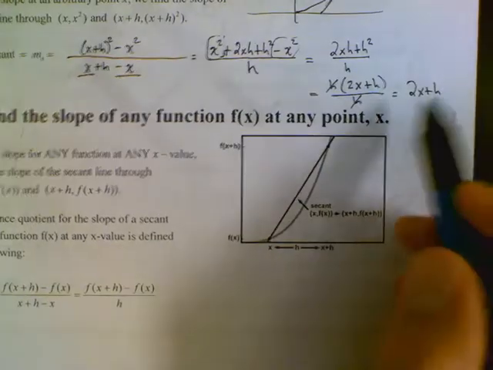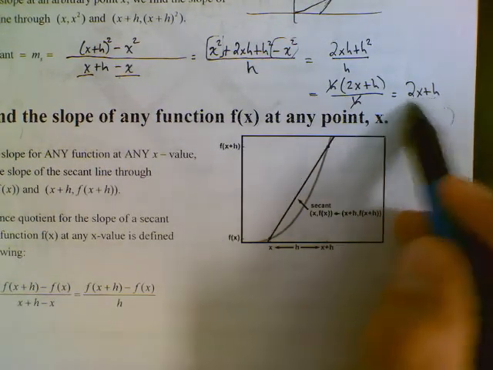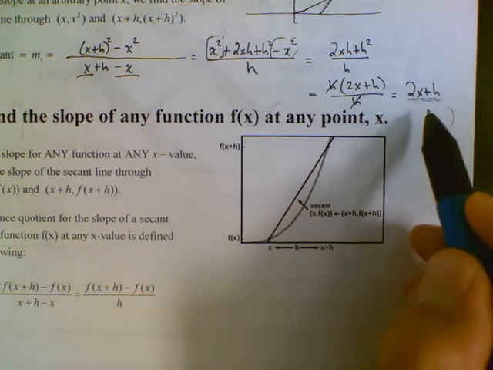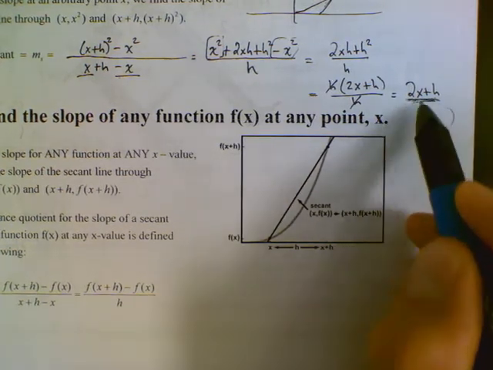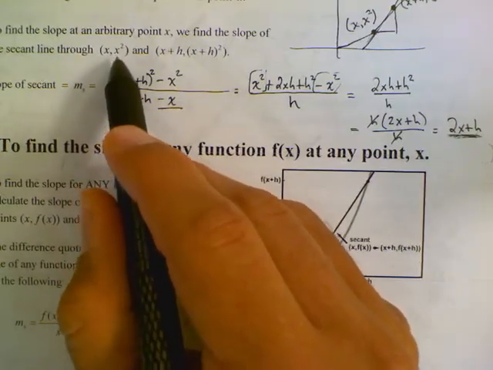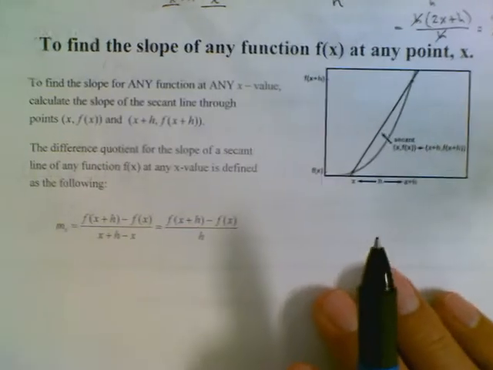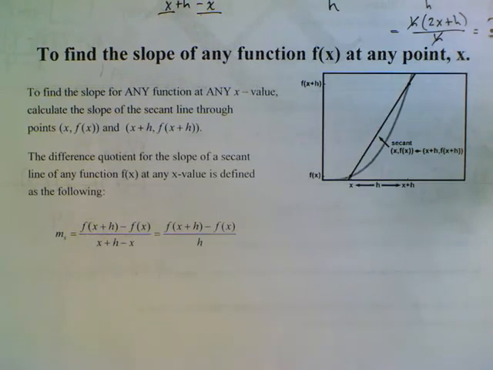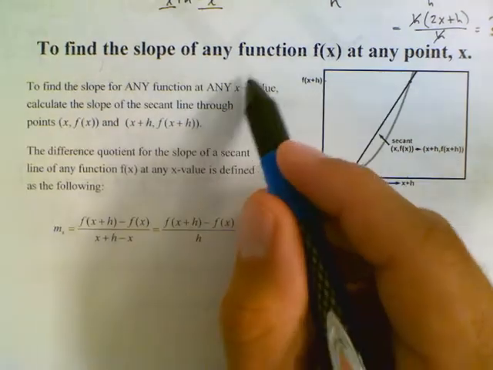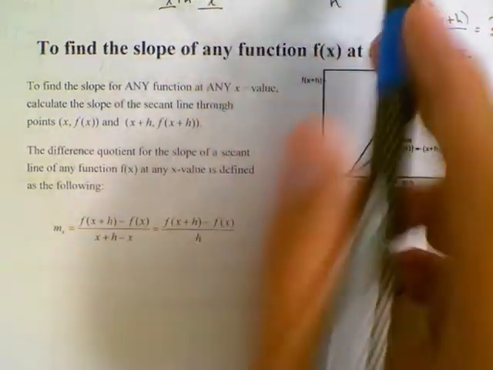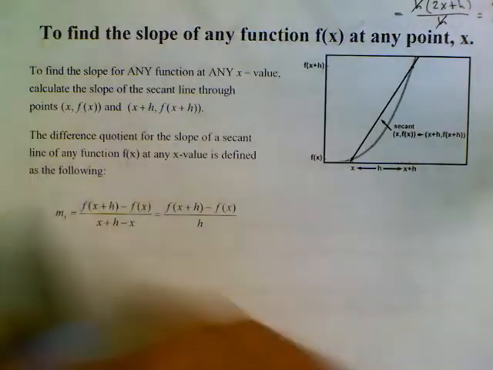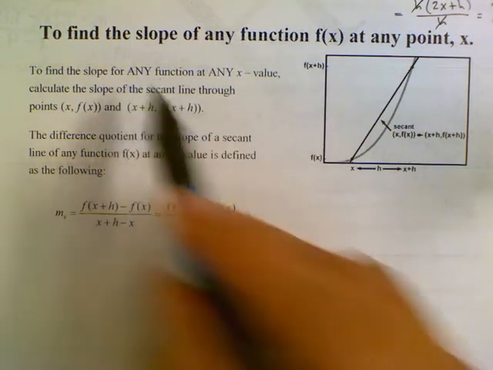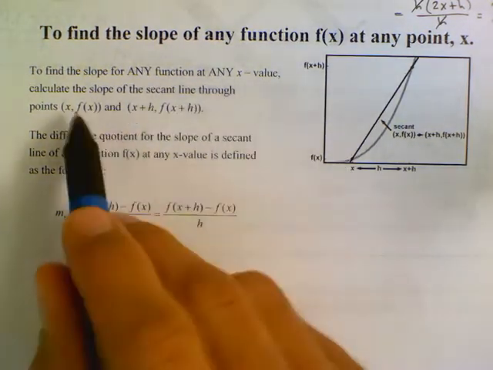But that is only for the equation f of x equals x squared. So now let's continue our talk, and instead of discussing just the function x squared, let's talk about any function f of x.